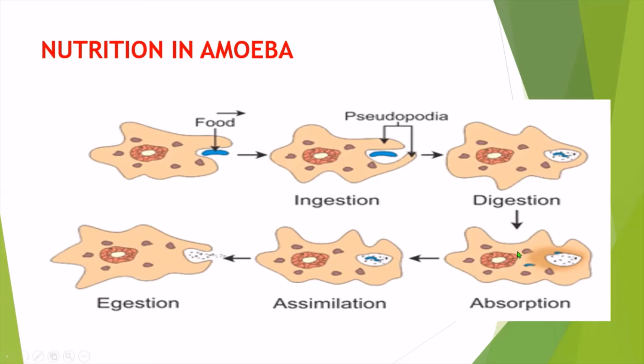And here the digested food is being absorbed into the amoeba's body. And here the absorbed food is being used, assimilation. And here at the last, the amoeba has removed all the wastes or undigested food from its body. So egestion even carries out in such small organisms. Why can't it?